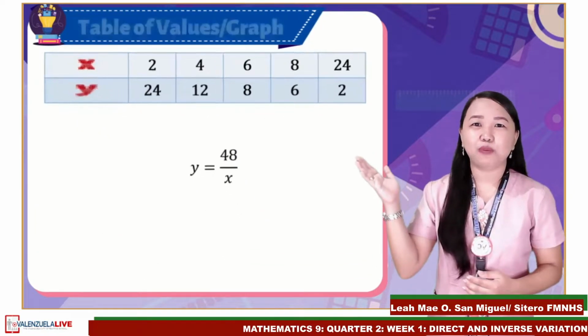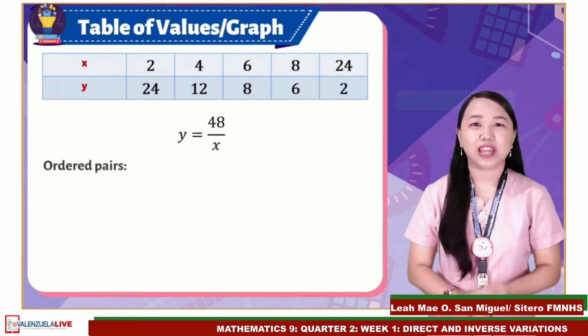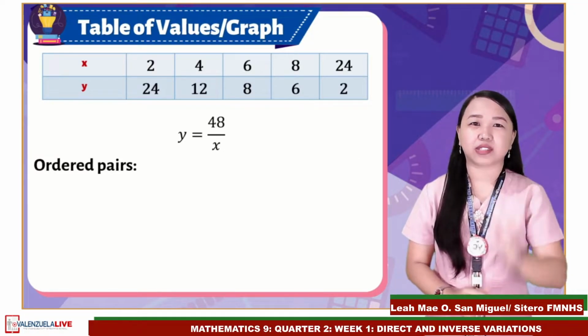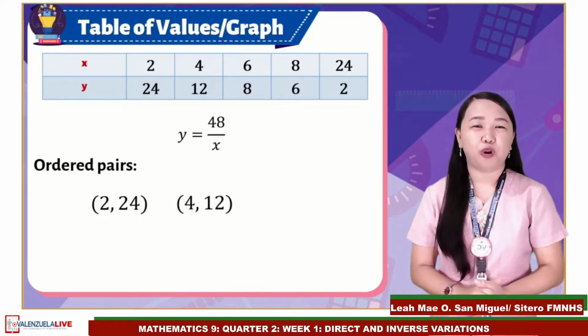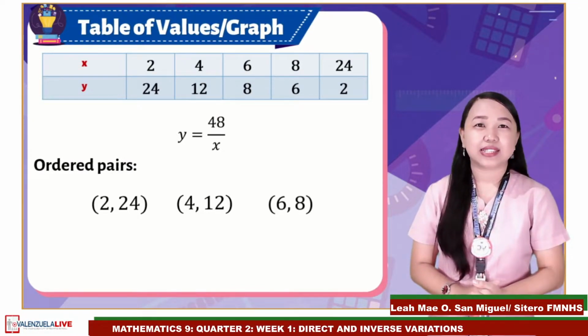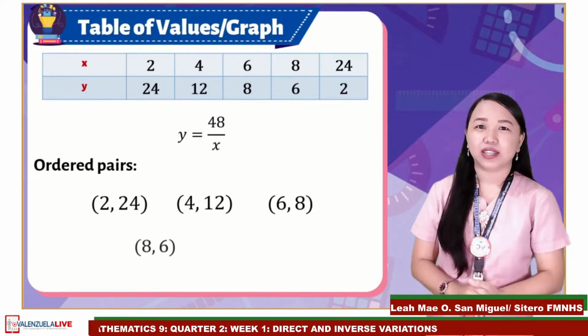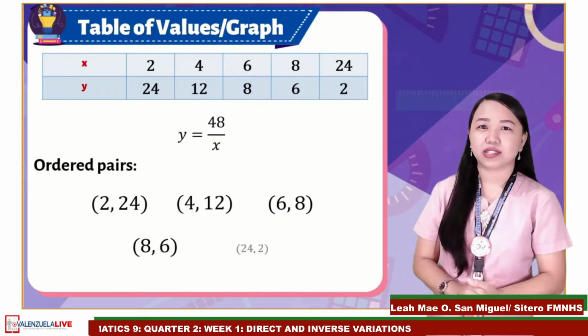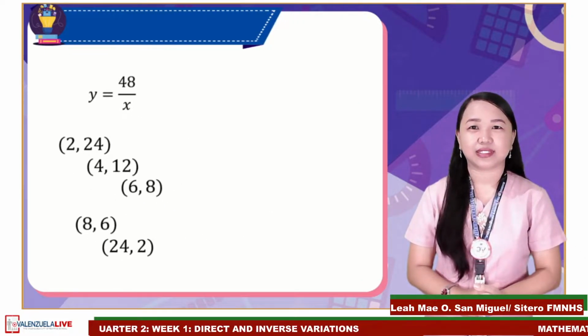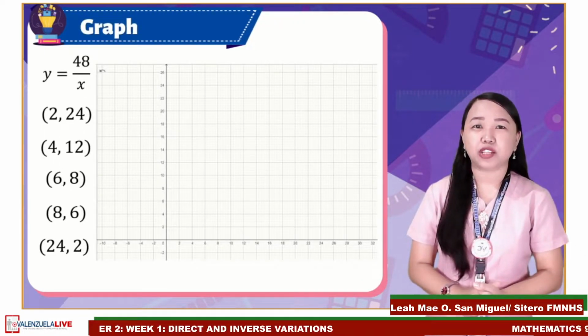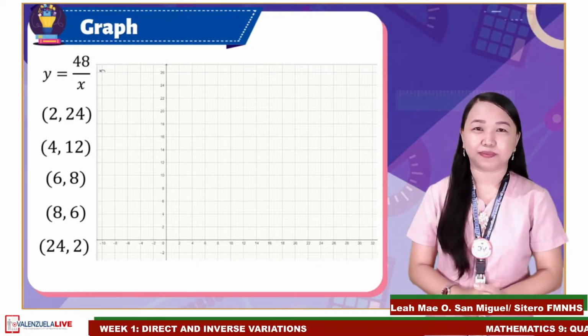Out of this table of values, we have 5 ordered pairs: (2, 24), (4, 12), (6, 8), (8, 6), and (24, 2). Plot the points on a Cartesian plane.